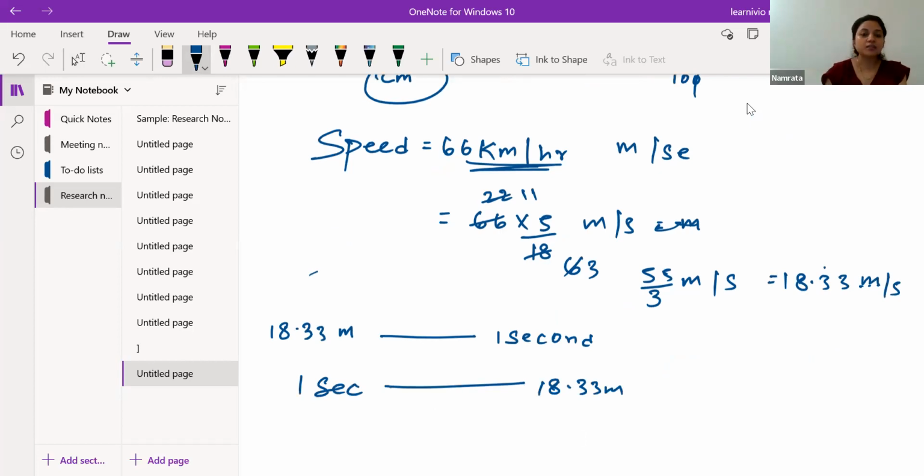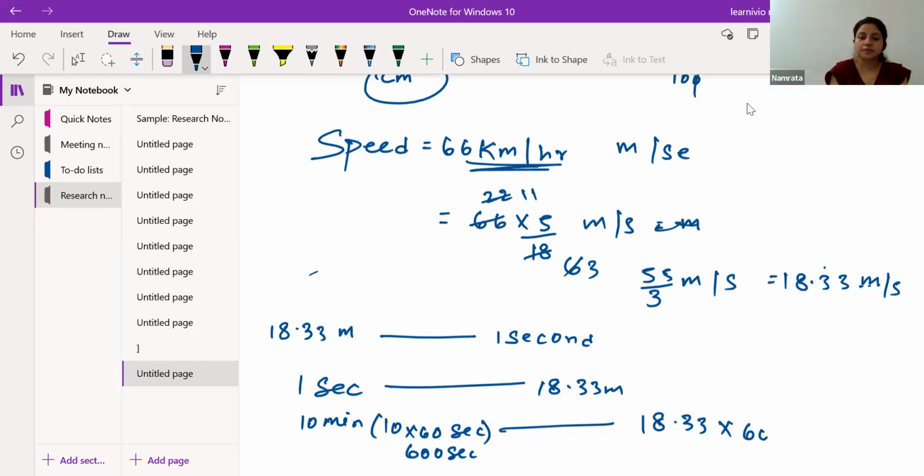In 10 minutes, that means 10 into 60, that is 600 seconds. So the total distance will be 18.33 into 600 seconds. Can you see it? Are you getting it, both of you? Yes, ma'am.